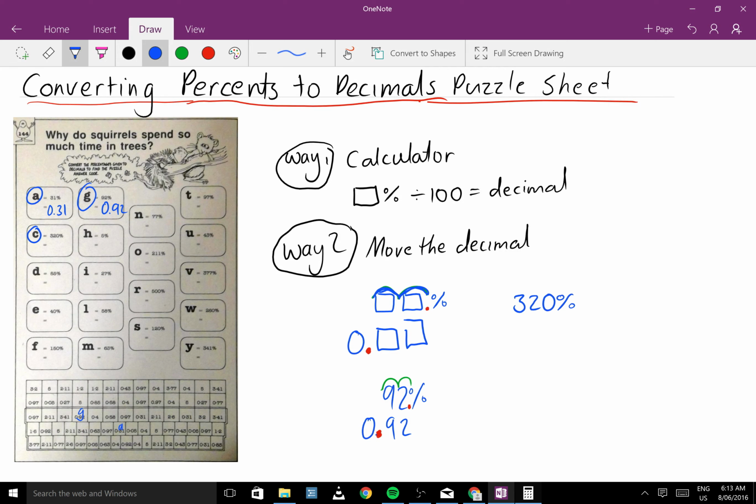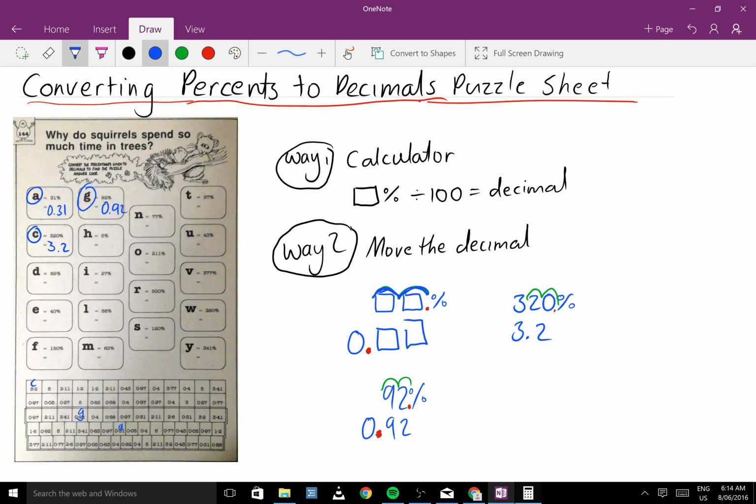So if I've got 320%, the decimal is still here, and it still moves 1, 2 jumps, and I end up with 3.2. So 3.2 is my answer here, and 3.2 down here. Come on, 3.2. It was a very conspicuous place to hide.